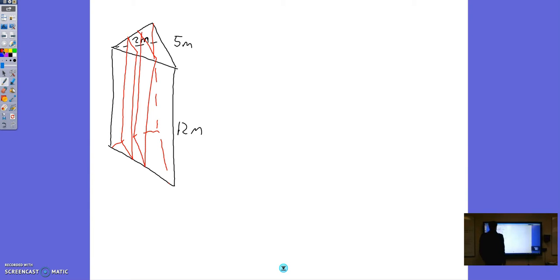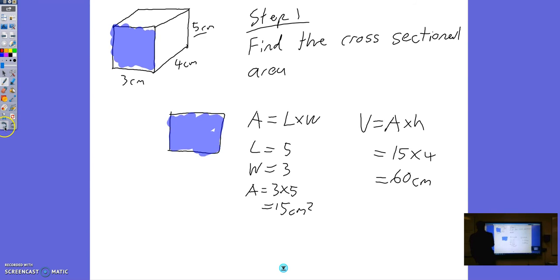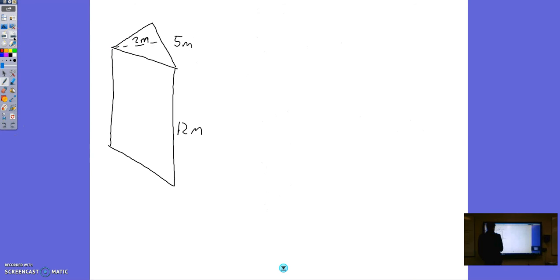So a rectangle is not the cross-section of this shape. However, if I were to cut like this, every single time I cut this shape, I'm going to end up with the exact same triangle. All right? So a triangle is the cross-sectional area of this shape.